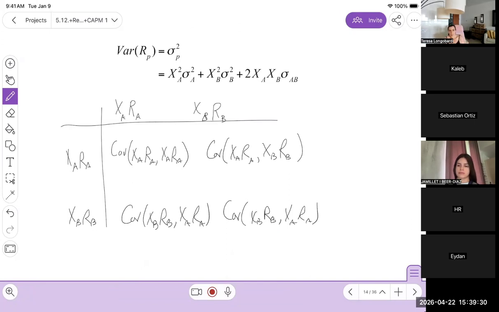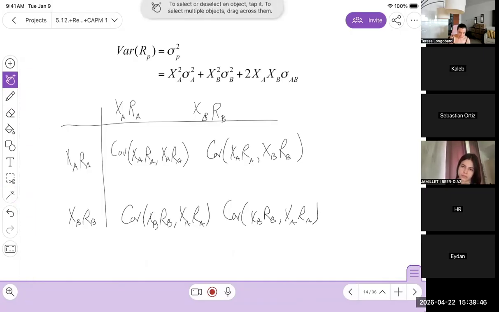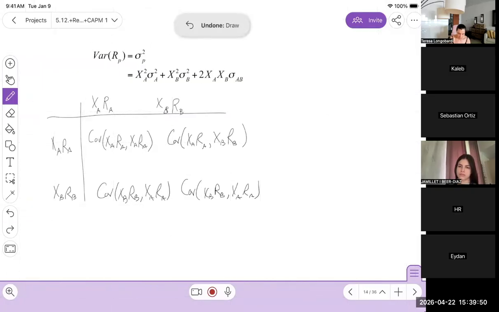Okay, so what is this? How can I simplify that? So let's look at this. The easiest way I find to explain this is using the formula for covariance, like this one here.